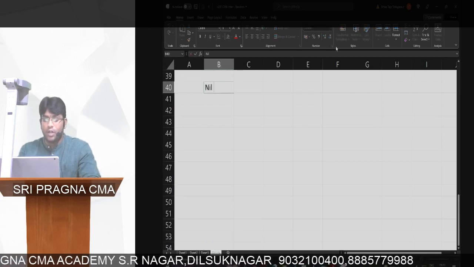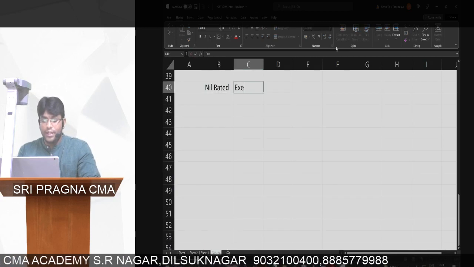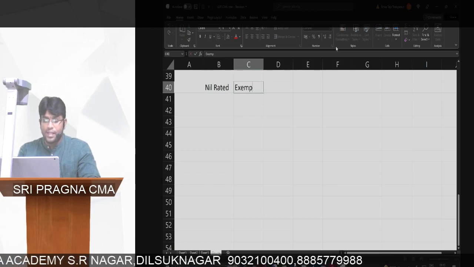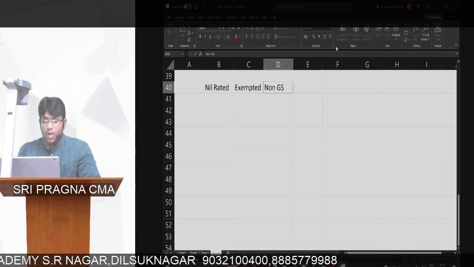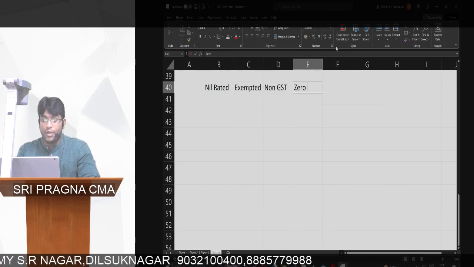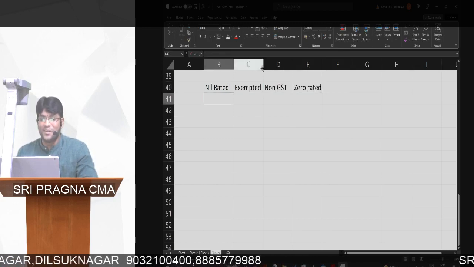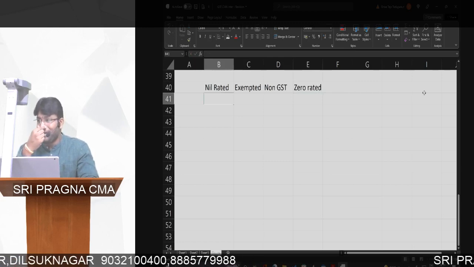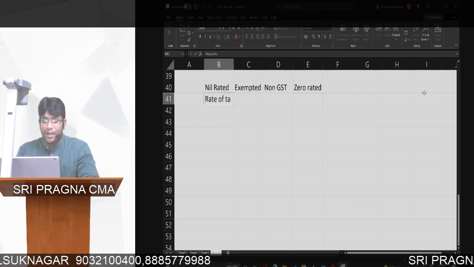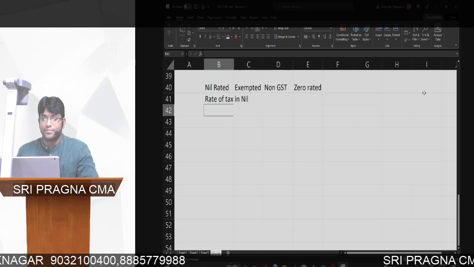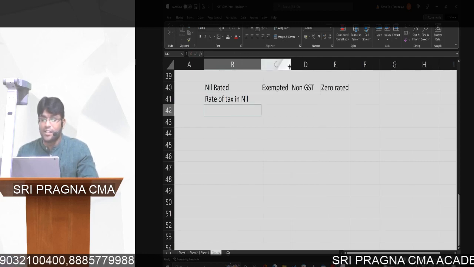So there is something called nil rated, exempted, non-GST, zero rated. So many words. What is nil rated? Nil rated is a case where the rate of tax is nil.